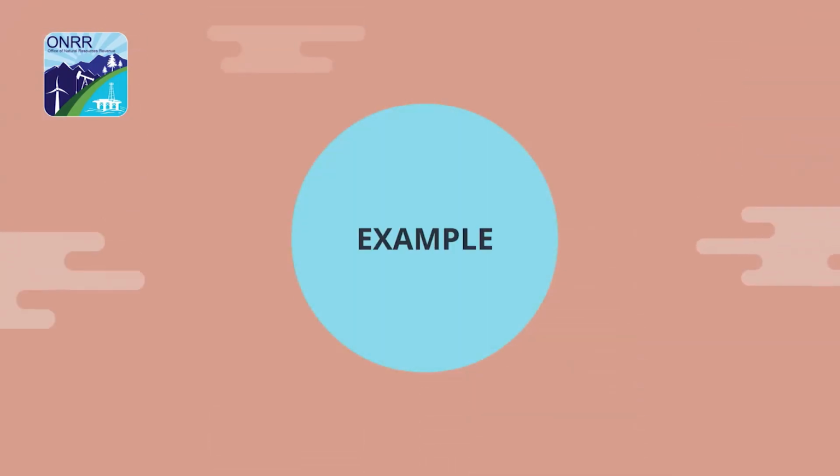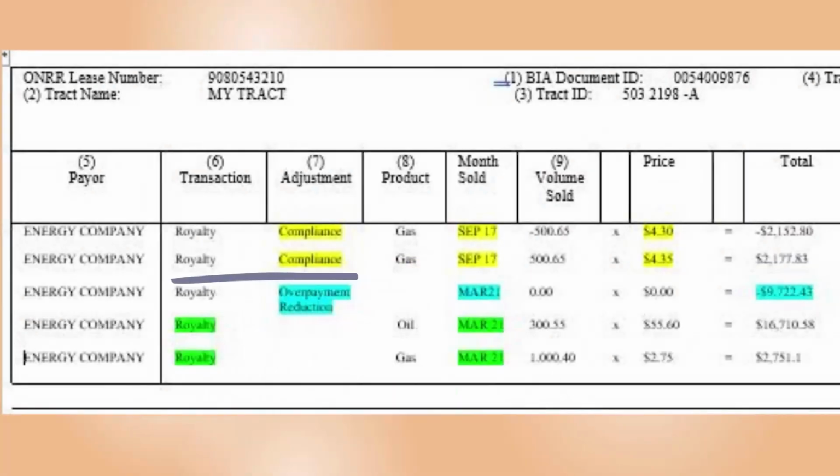In the following example, the gas royalties for September were corrected with a compliance adjustment.